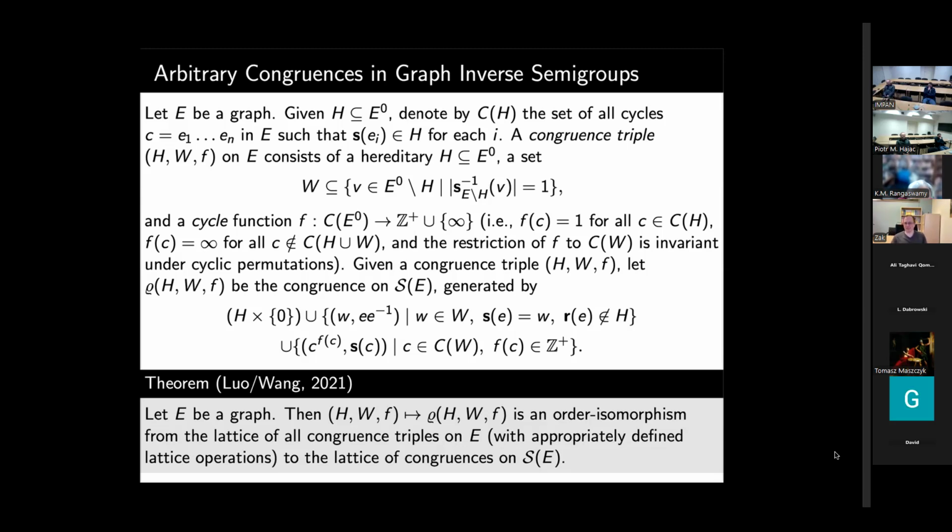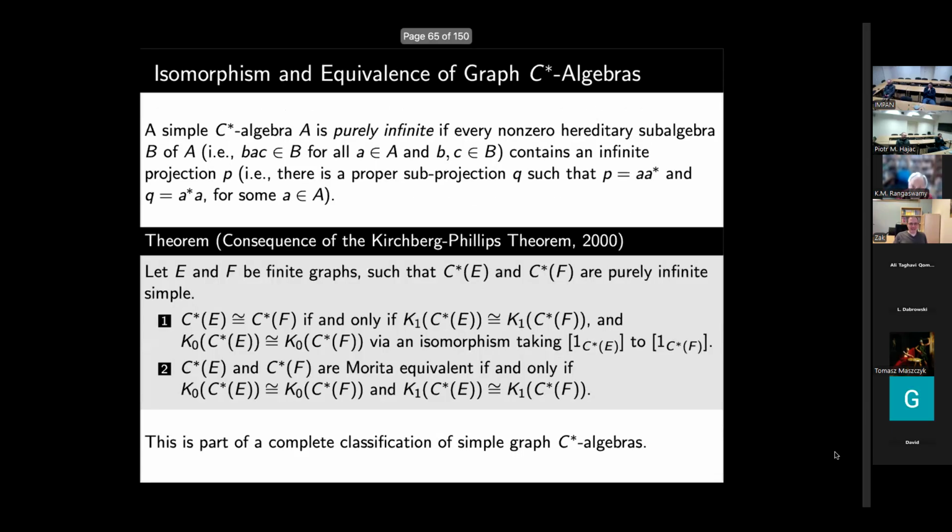And of course, it was proved independently, separately, and using different methods. But there it is. I hope you find that as amusing as I do. Yes. And I want to give one more instance of this. This one is not a perfect analogy this time. In the case of graph C-star algebras, there is a classification of the simple ones.